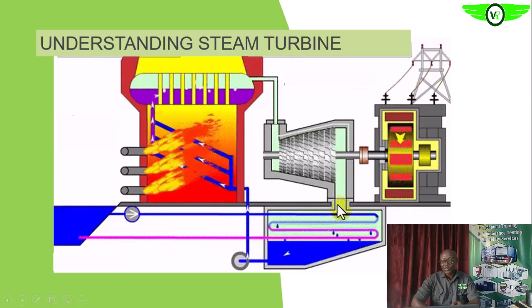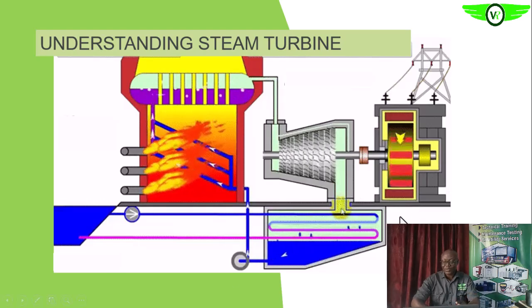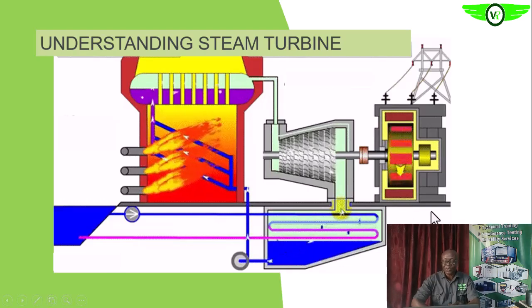So we need to remove them, and that is what we did with that vacuum system on the condenser. That vacuum system helps to pull vacuum here, thereby pulling the non-condensables out of this condenser on the exhaust line. Are you getting it?